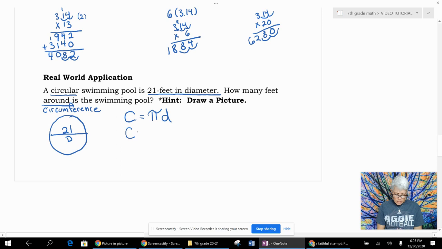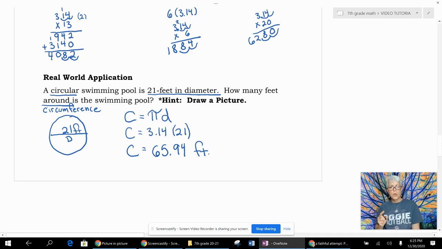Filling in the blanks, it's 3.14 times 21. And I went ahead and worked it all out. And I get 65.94. Let's see, this is feet. So this is going to also be feet.